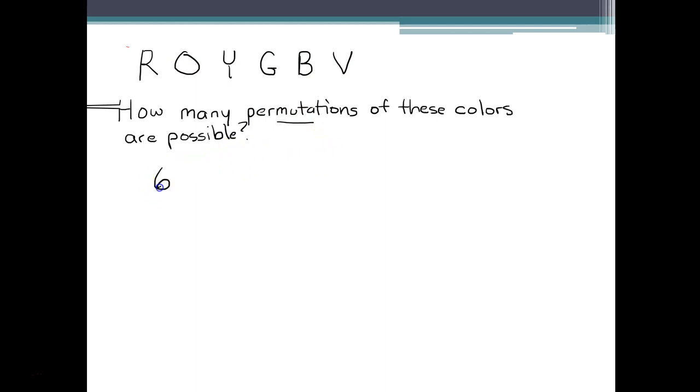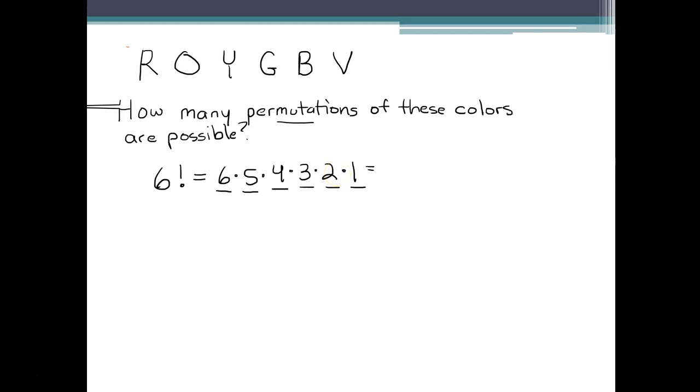So to find it, I do 6 factorial: 6 times 5 times 4 times 3 times 2 times 1. And notice that's the same result as the counting principle. There's 6 possibilities for the first entry, 5 possibilities for the second entry, 4, 3, 2, 1.